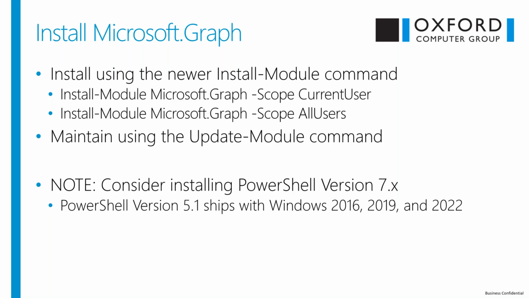Challenges with Graph PowerShell: most of it will require a newer version of PowerShell. All of our Windows operating systems currently ship with PowerShell 5.1. So that'll be Windows Server 2016, 2019, and 2022. For the newer version of PowerShell, I'm making use of the cross-platform modules that we'll know as core, so I'll call it Graph.Core.